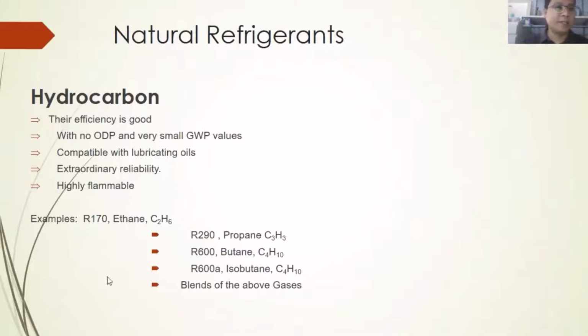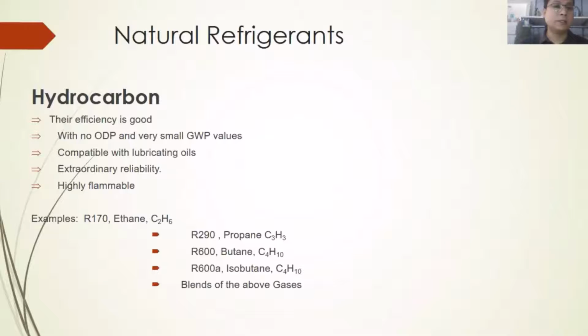What are the specifications of hydrocarbons? They have good efficiency, with no ODP or very small, and a very low global warming potential. So this is actually what we want in our issue now with global warming.